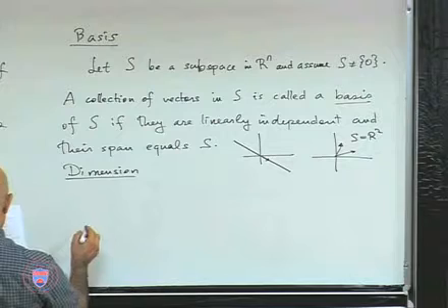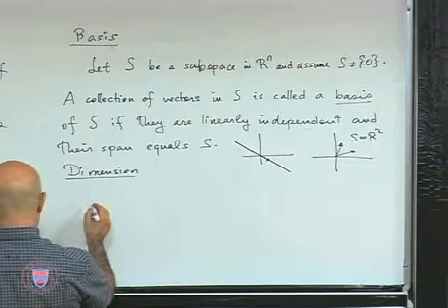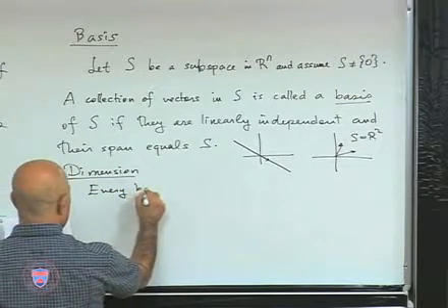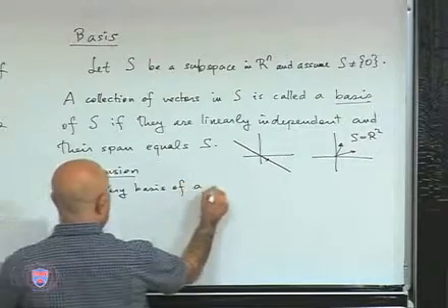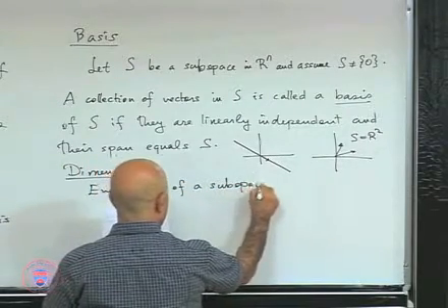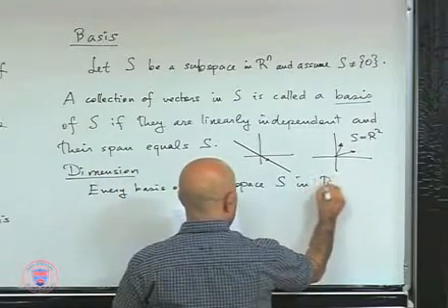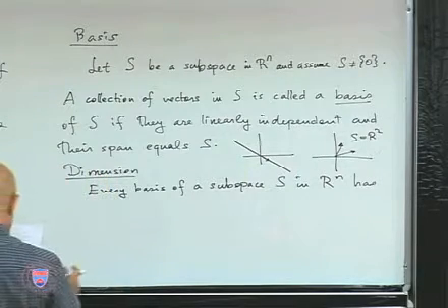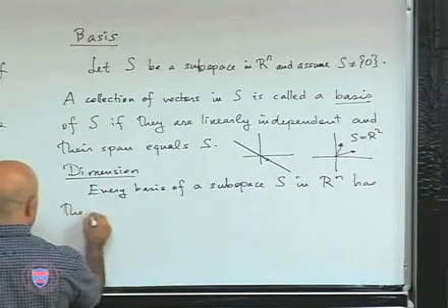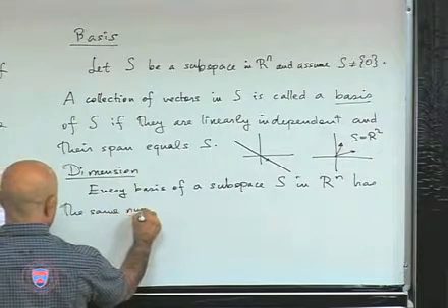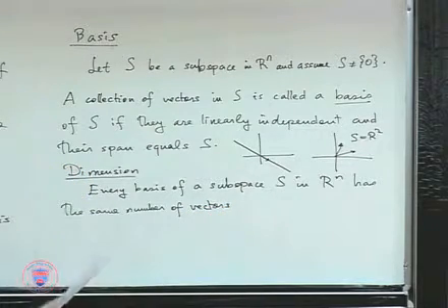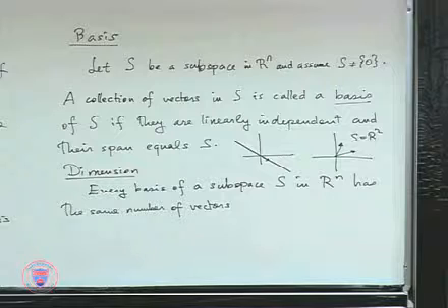The dimension of a subspace S is the following. Every basis of a subspace S in Rn has the same number of vectors, which are by definition linearly independent and also whose span generates S. Okay?